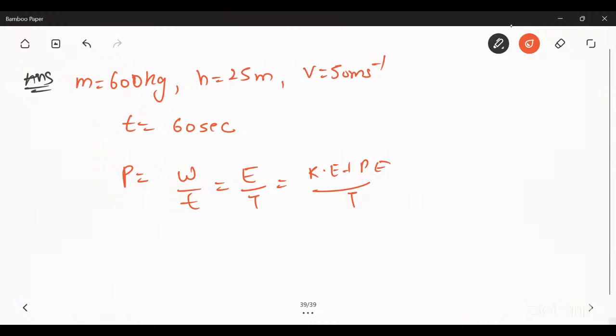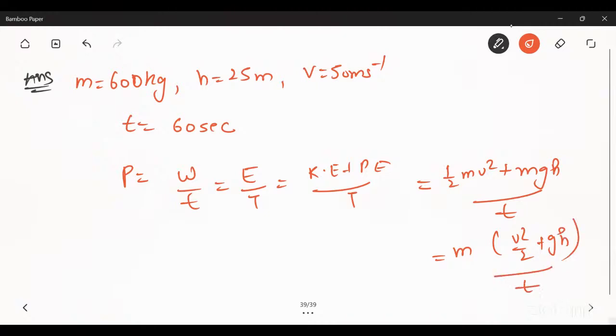Kinetic energy is due to the flow of water, and potential energy is due to its position at height h. So the kinetic energy of the body will be half mv square and the potential energy is mgh, upon t. Now, if you take m common, so you will get v square by 2 plus gh, upon t.